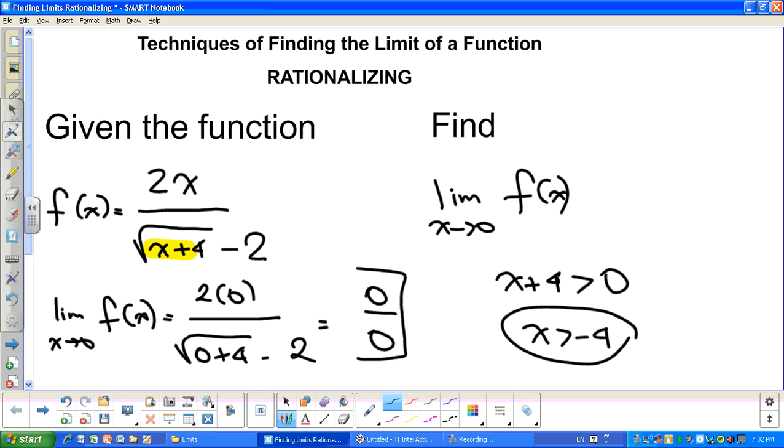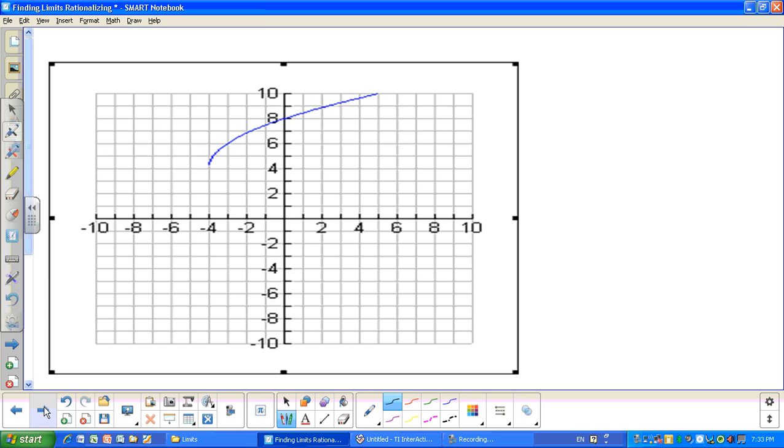So that gives me the domain of my function f of x. Having said that, you shouldn't be surprised by the graph of this function. It looks something like that.